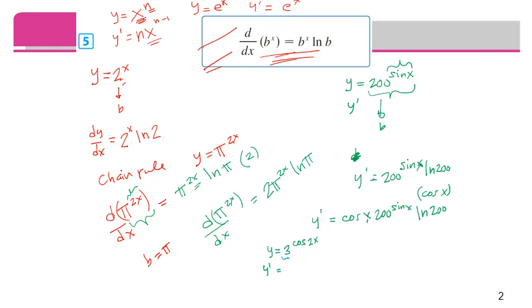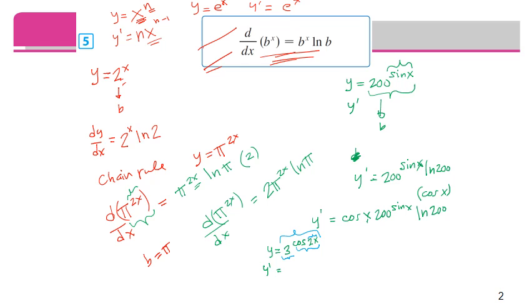So this is our b, and this is the outside function, and this is our inside function, and our inside function happens to have another inside function, which is this one. So we take all those into account.